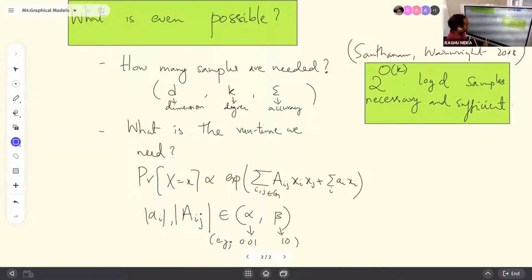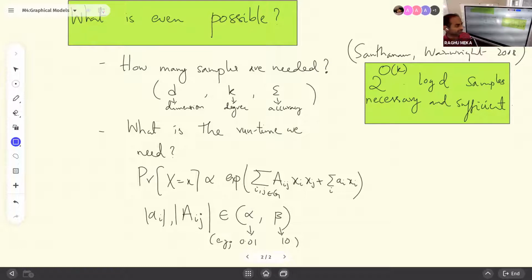If you think of these alphas and betas as constants, they showed that you can get by with only logarithmically many samples in the dimension. You have exponential dependence on the degree, but that's okay, since we are thinking of the degree as being very small.